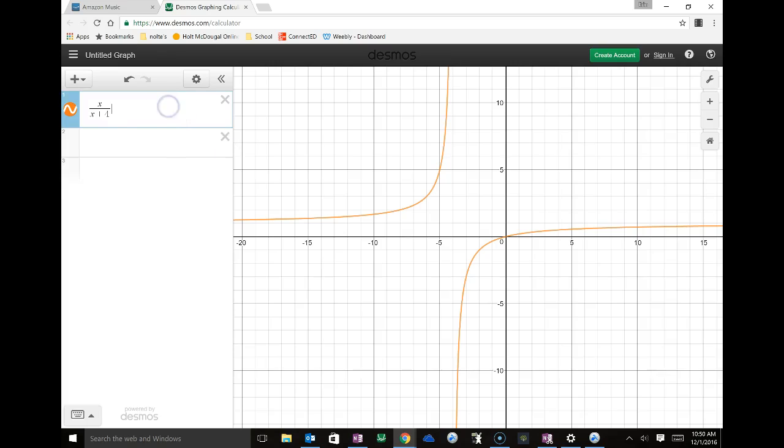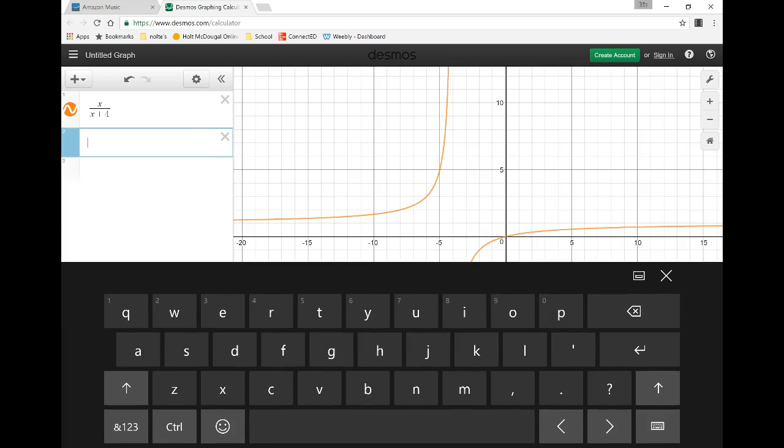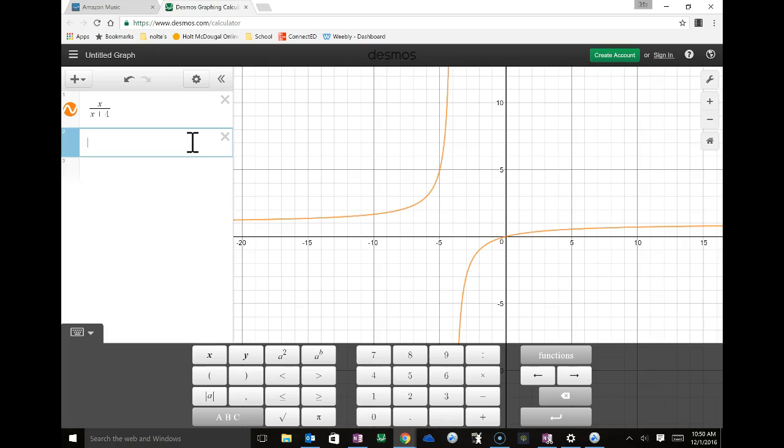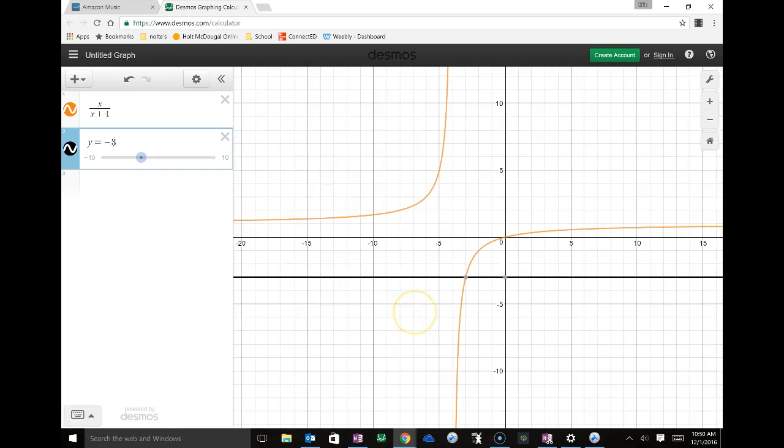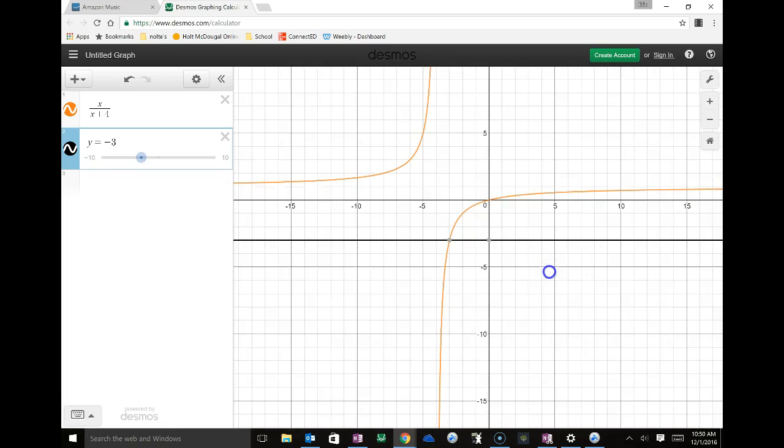So there's my x plus 4. You can't just write negative 3 in Desmos. You have to say y equals. I don't know why, but if it's a constant for some reason, you just need to have that. So, there you go. Can you guys see that all right?